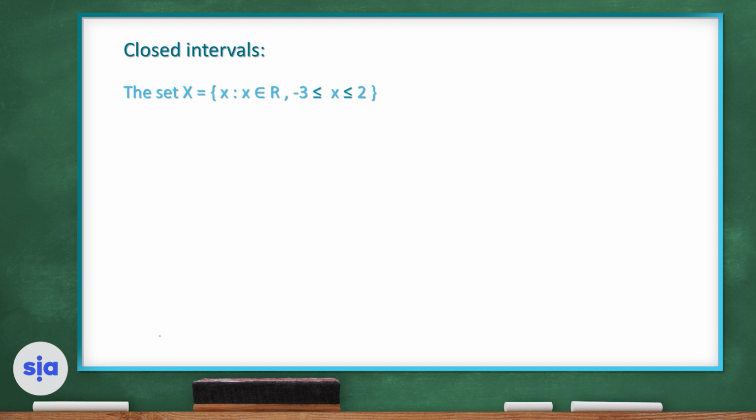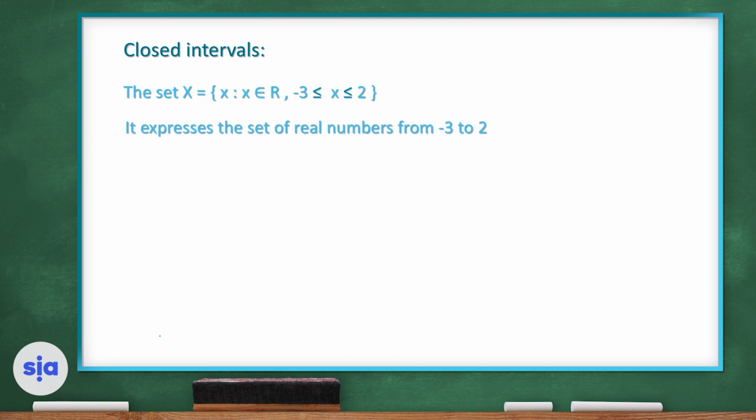So here, the values of x start at the -3, and they keep going to the right until they reach the 2. The -3 is an accepted number, and the 2 is also an accepted number because it says less than or equal and greater than or equal. So the accepted numbers are all the numbers from -3 until 2.